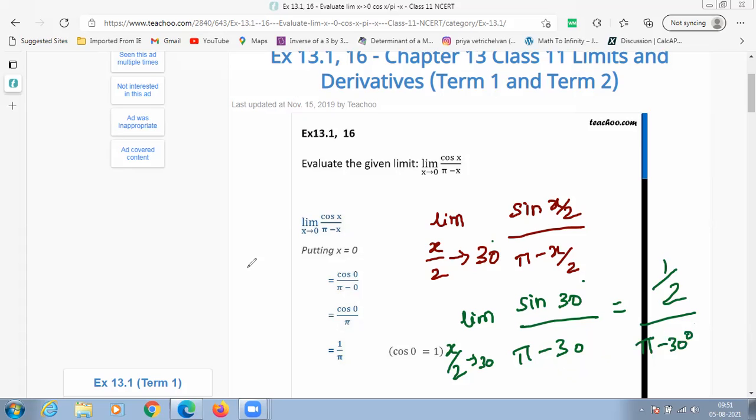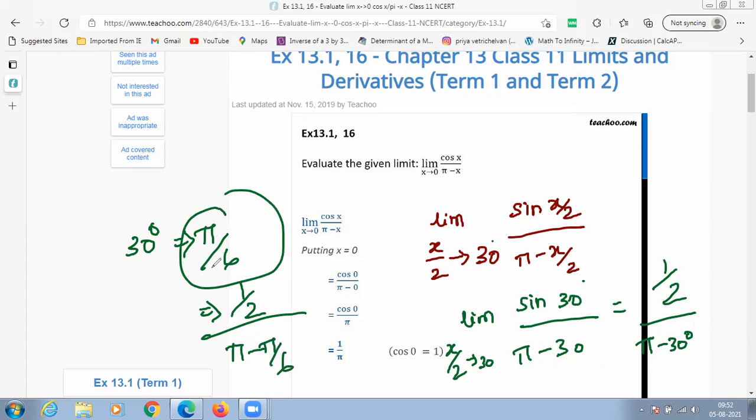One thing you can do, you can convert this degree into radian, pi by 6. That will be appropriate, like 1 upon 2 upon pi minus pi by 6. 180 degree by 6 is 30 degree, right? You're getting it? Oh, yes, ma'am. Good. It's a very good attempt. And you can simplify this further if you want, or else you can leave it like this.